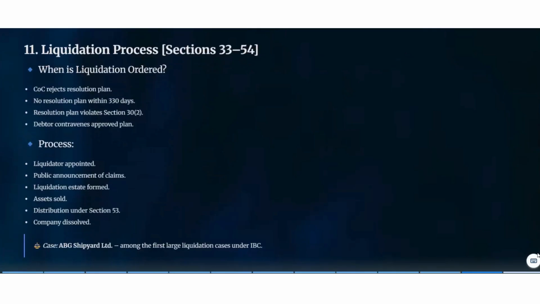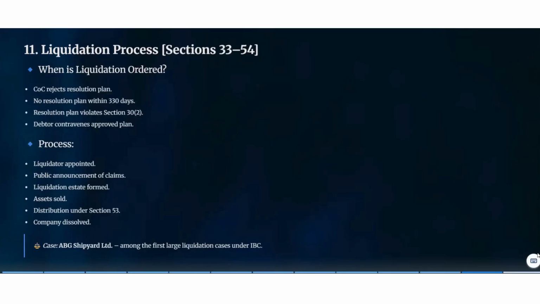The liquidation process is provided under Sections 33 to 54. When is liquidation ordered? When the COC rejects the resolution plan; when no resolution plan is arrived at within 330 days; when the resolution plan violates Section 30(2); or when the debtor contravenes the approved plan.